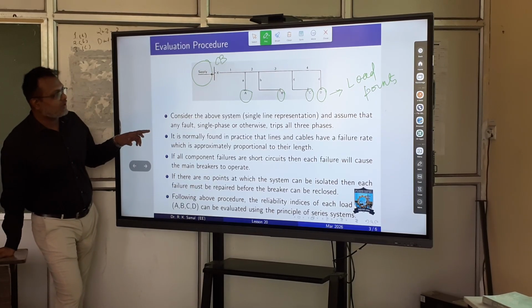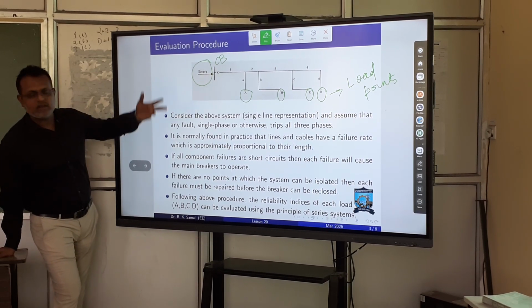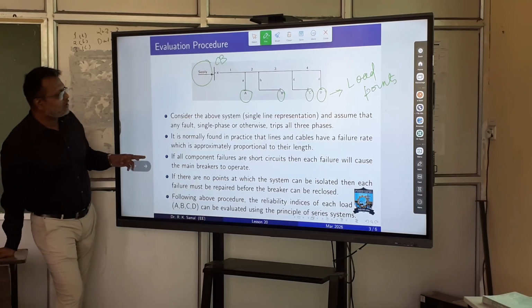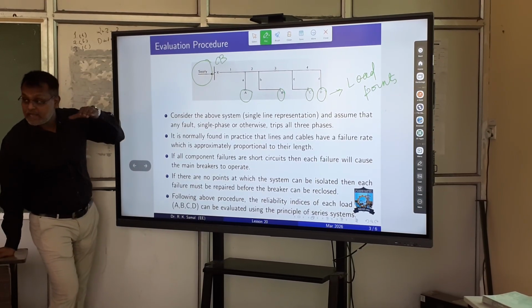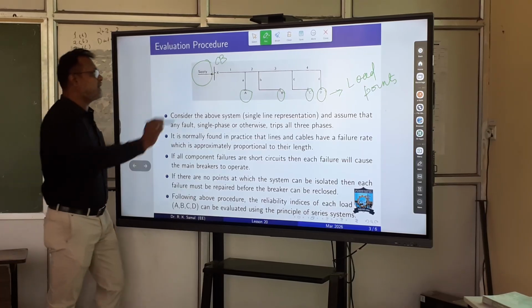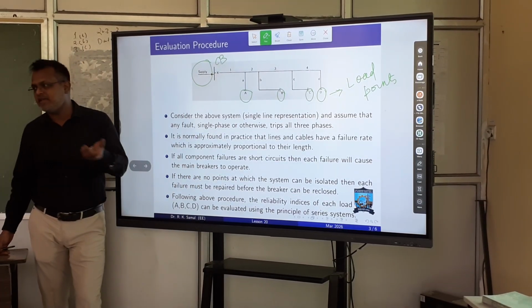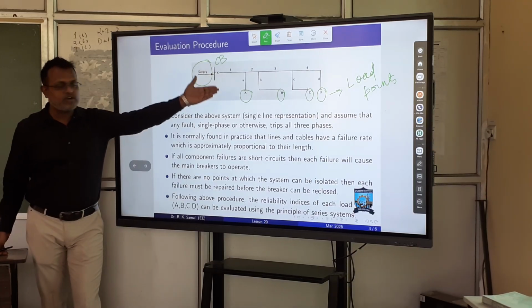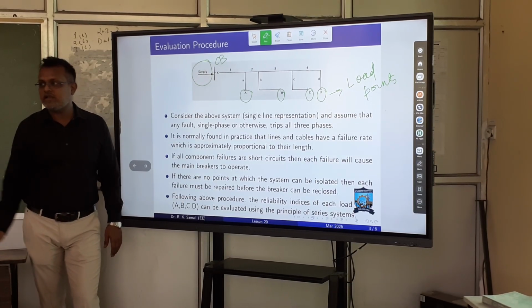Consider the above system as a single line representation, and assume that any fault, single phase or otherwise, affects all three phases. So we are considering only a single phase. It is normally found in practice that lines and cables have a failure rate approximately proportional to their length. Feeders and distributors are lines. Distributors are connected to a home where you are getting supply.